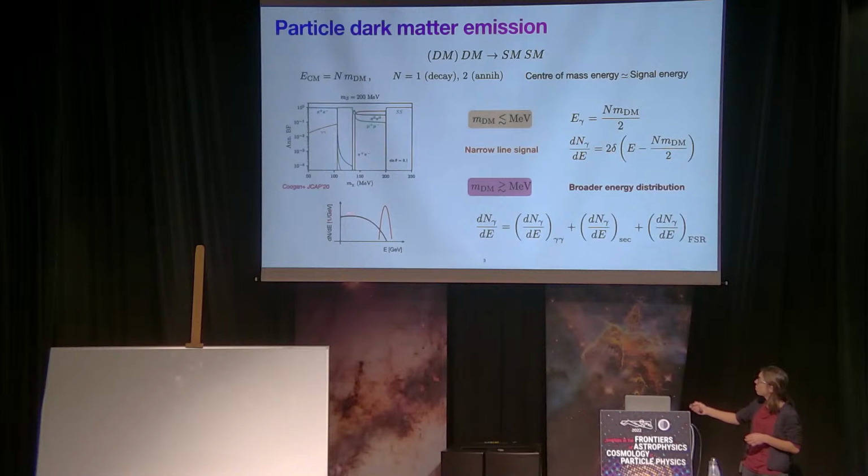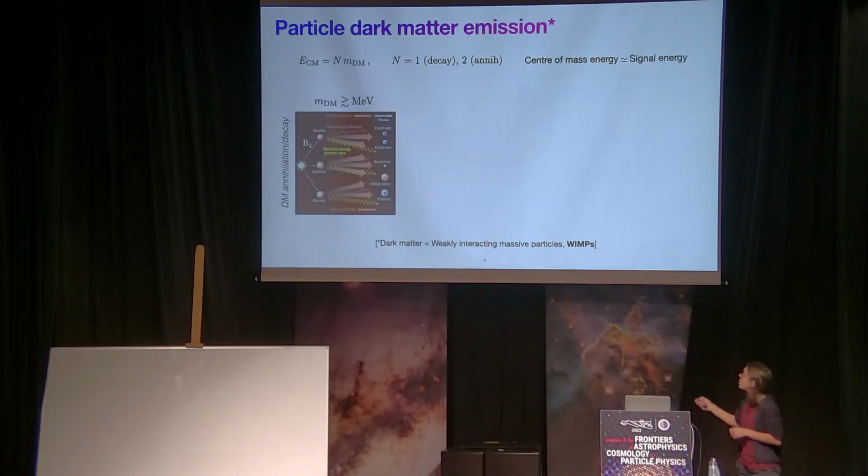So here, this broader bumpy spectrum, where you always have a line. This is the line you will always expect in all models. You have this broad energy emission, and we'll see where it comes from, and then you can have final state radiation.